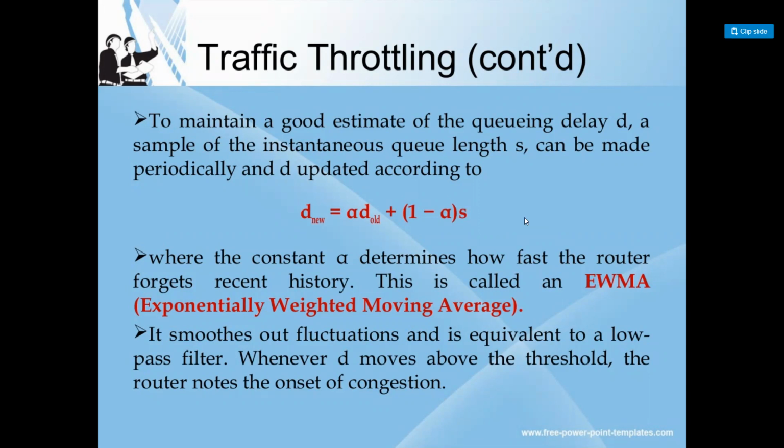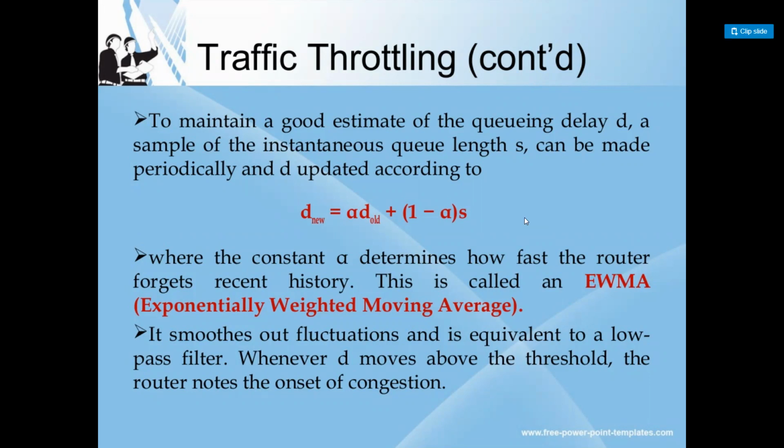Next point. It smooths out fluctuations and is equivalent to a low pass filter. Whenever D moves above the threshold point, that means we have more delay, which leads to congestion, and the router notes the onset of congestion.